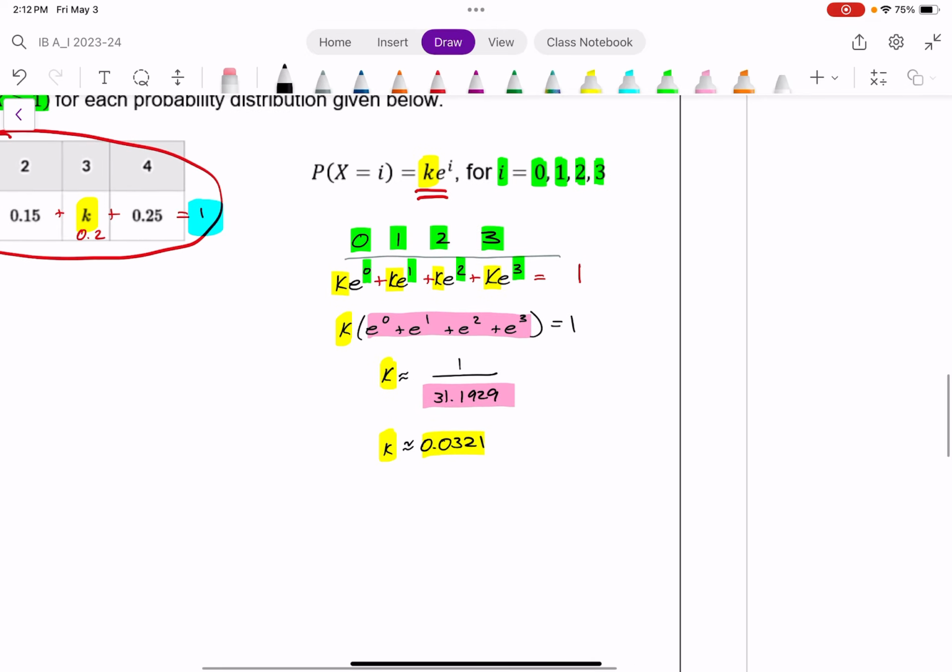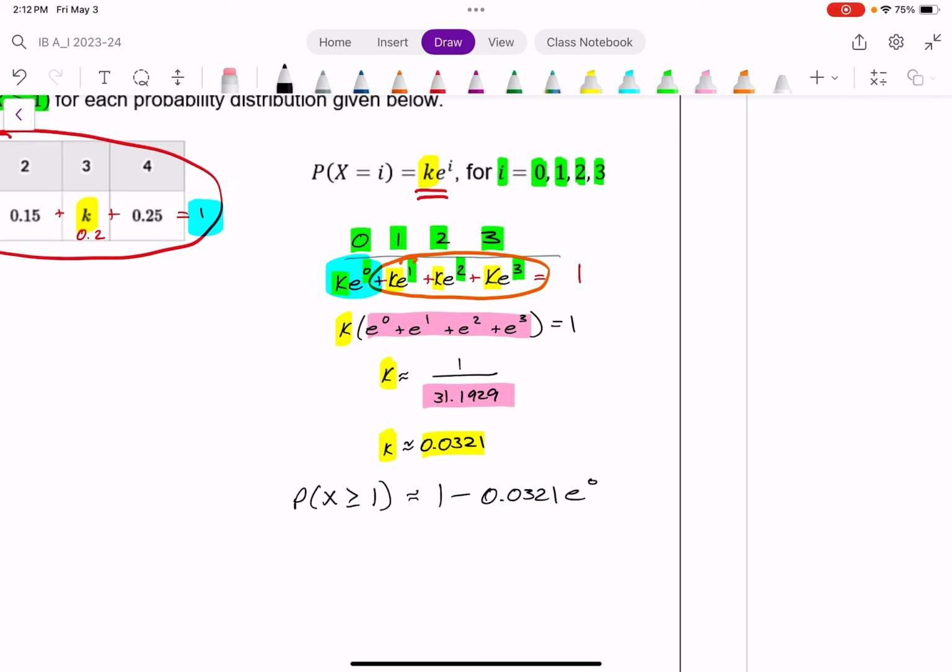So for this one, if I want to find the probability that x is greater than or equal to 1, I could add up all of these right here, but knowing that k is now approximately 0.0321, what is significantly easier is just go 1 take away what I'm not looking at, this k times e to the power of 0, which is approximately 0.0321 times e to the power of 0.